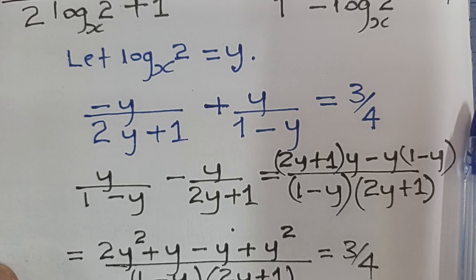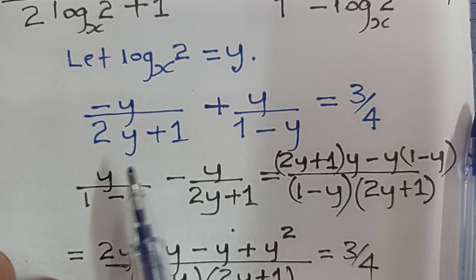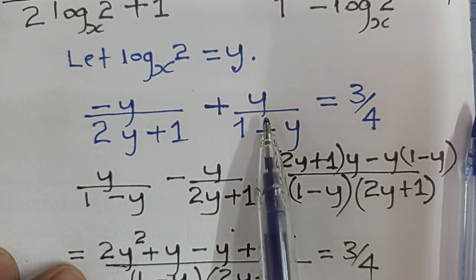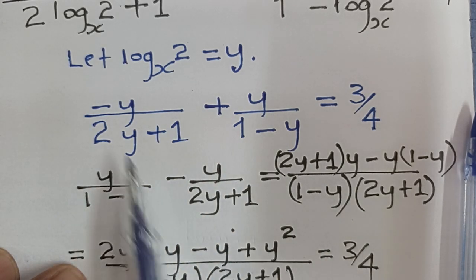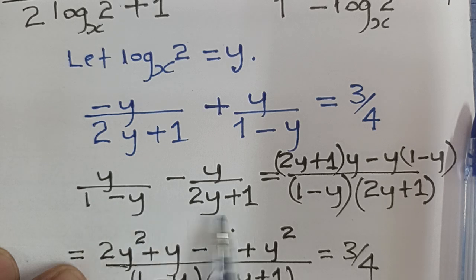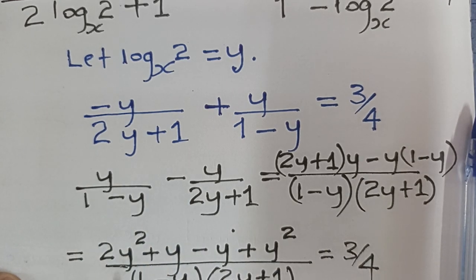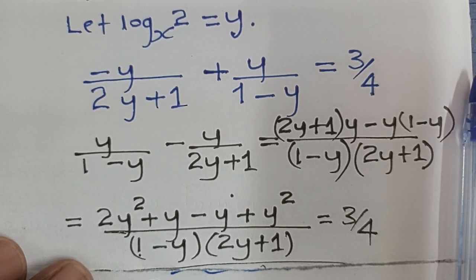And so, guys, to save on time, I have already done the question, and here is what I have done. I have taken this one to begin with and then subtract this. When you subtract, I take this as the LCM, and then I'm able to evaluate that. When I evaluate, I will get 2y squared plus y minus y plus y squared all over 1 minus y, and then 2y plus 1. This is equal to 3/4.